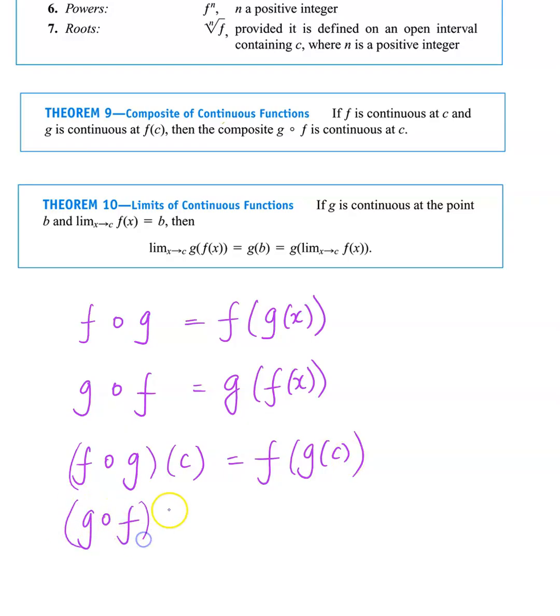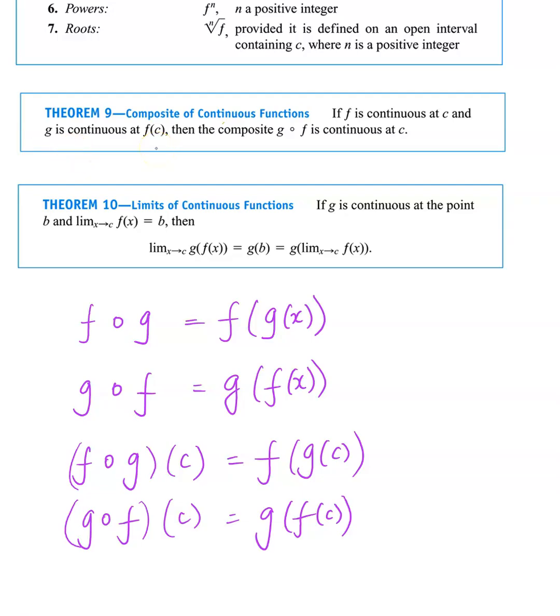And this is true provided f is continuous at c and g is continuous at f of c, because one is inside the other. So the order here matters. Okay. So f is continuous at c and g is continuous at f of c.